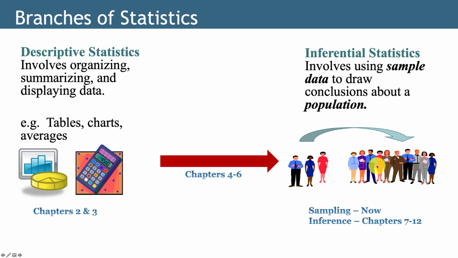So inferential statistics is what we'll do in chapters 7 through 12. Okay? And then to bridge the 2 together, to move us from descriptive to inferential statistics, we'll get some background and learn some techniques, and that will be chapters 4 through 6.